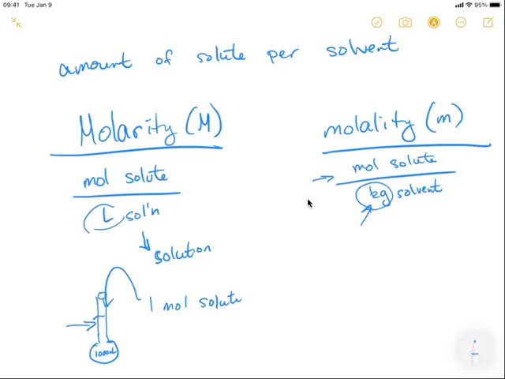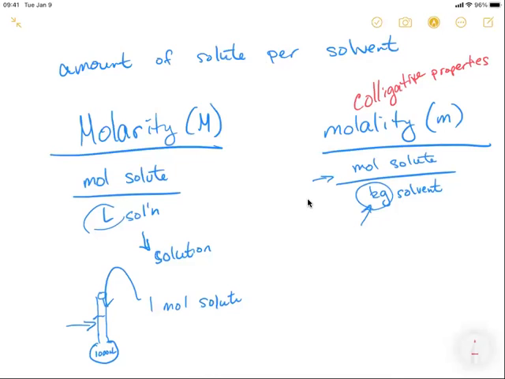And the concentration for colligative properties is measured in molality. So that's something we'll discuss in the next chapter. But to be honest, it'll be the only other time that we will discuss concentration in molality.